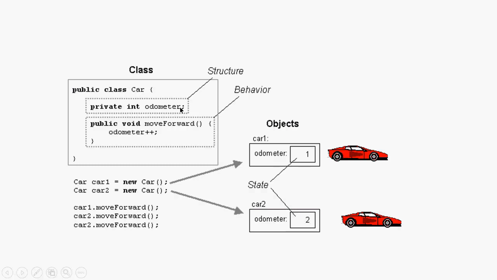It is state, not structure. And here you can see this is a method. This method is called behavior. So a class has two things: state and behavior. Now we want to create an object, so how can we create it?